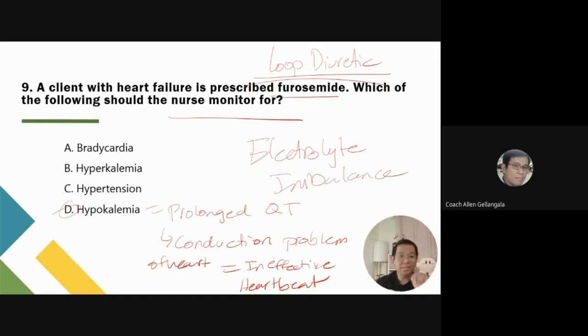Okay? Furosemide or your Lasix is your main medication to prevent excessive edema plus hypertension. So, is hypertension we need to monitor for? No, it's a treatment for it. Okay? So, hypokalemia is your top priority.